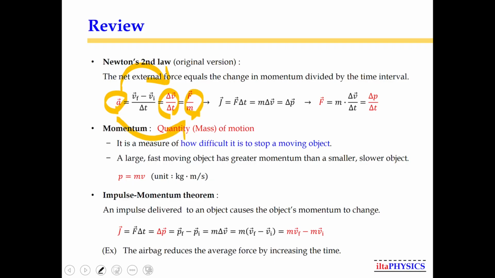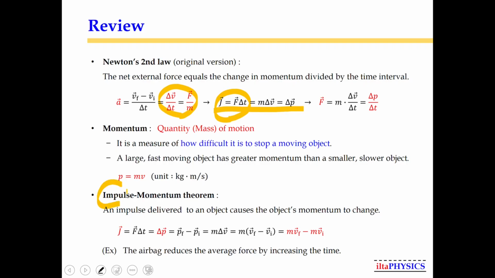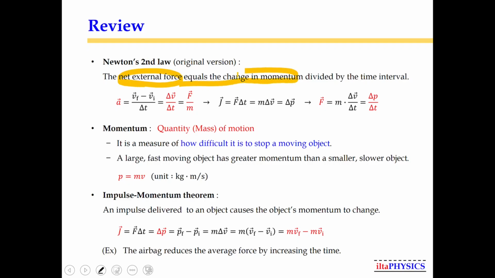In this equation, we define the product of force and time on the left side as impulse, and the product of mass and velocity on the right side as momentum. So, Newton's second law can be summarized as: the external force applied to an object is equal to the change in the object's momentum divided by the time interval. You can also think of this simply as F equals ma.